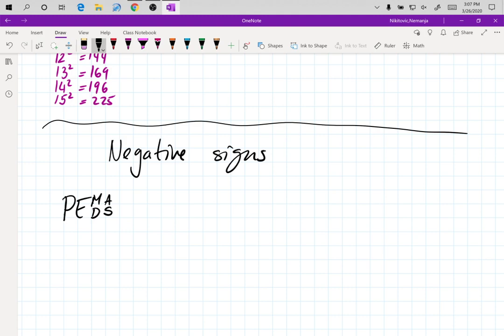So we are going to distinguish between two different cases. There is the case of negative 2, in parentheses, cubed, and the case of negative 2 cubed without parentheses.